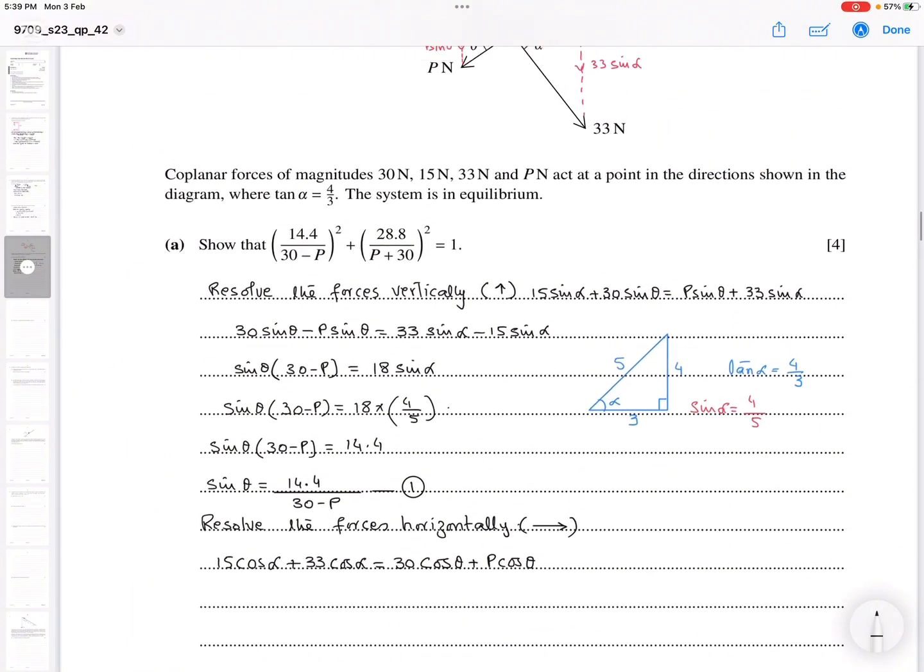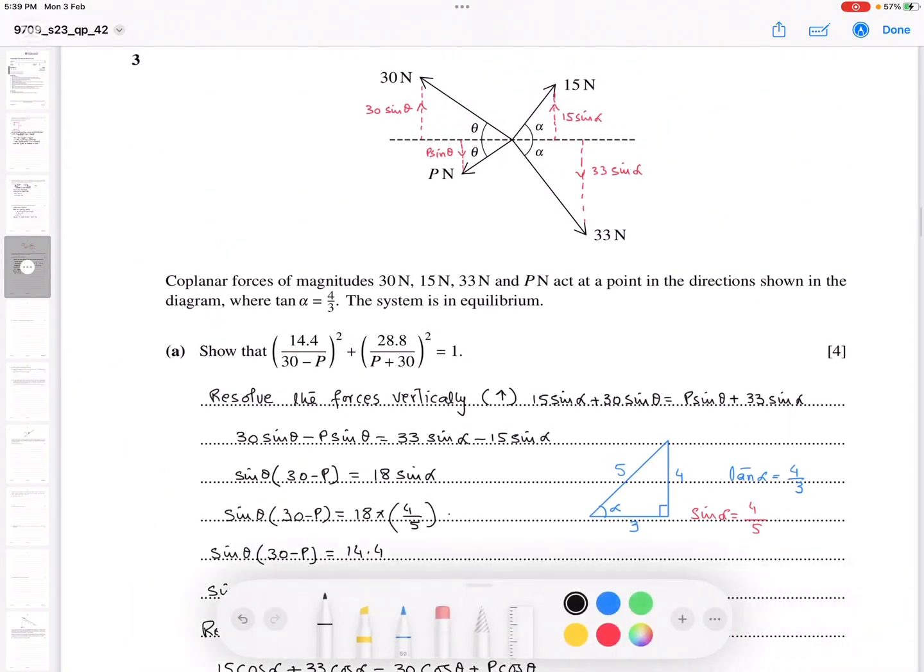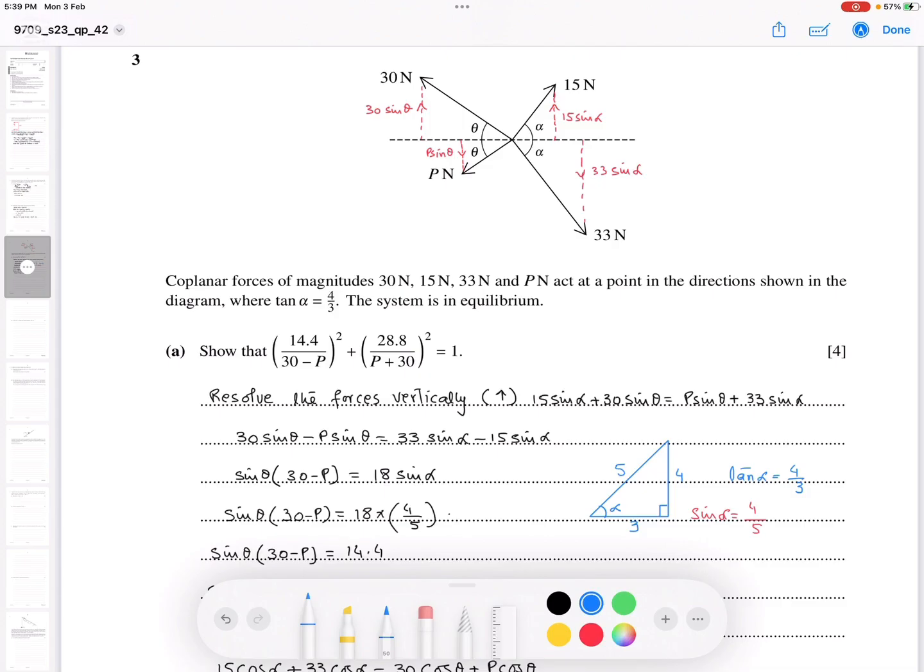If I show you in the diagram with the blue color, that would be equal to 15 cos alpha, and the 33 Newton would be in the same direction, 33 cos alpha, and here 30 cos theta, and the downward would be P cos theta.